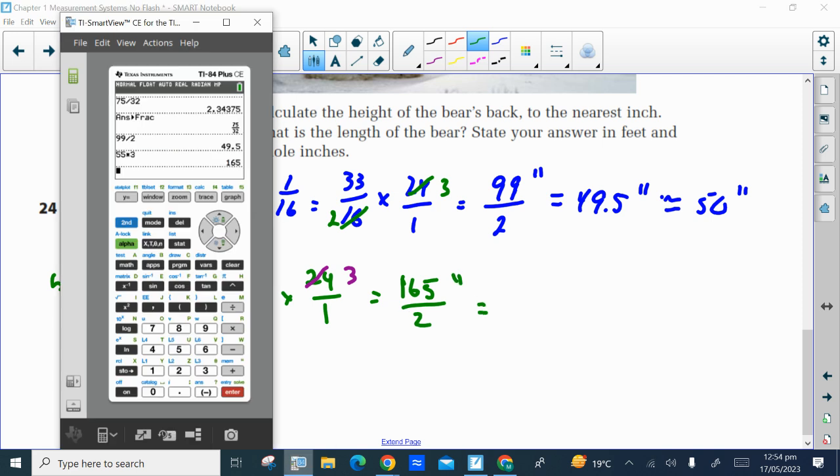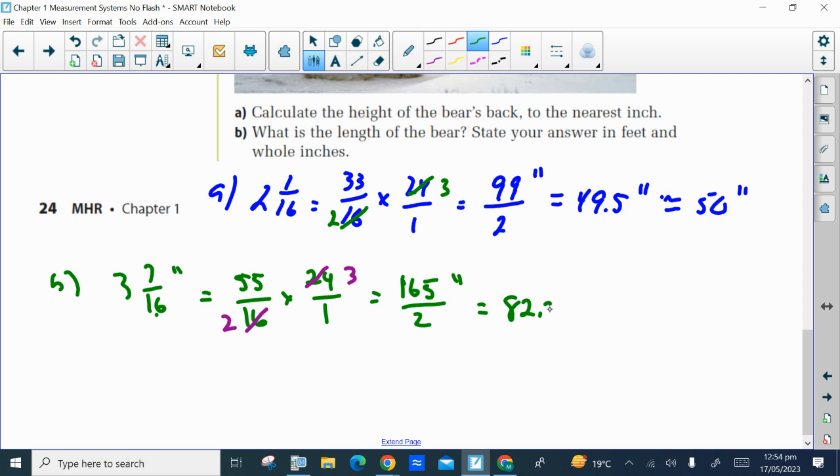Which, if we divide, gives us 82.5 inches. Now, this question asks us to write our answer in feet and whole inches.